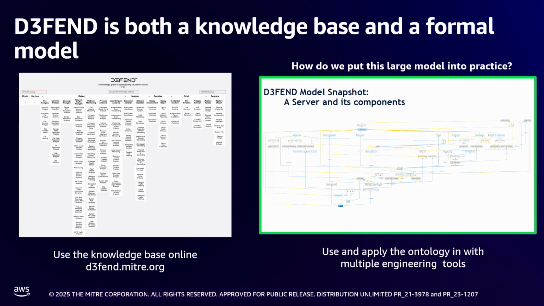So as a result, from the D3FEND website, there are over 500 digital artifacts with relationships between attackers and defenders within there. It's digital artifacts of computers, things that both sides might be able to do: computers, networks, databases, files, processes. And how does that relate in a knowledge graph, which you see here on the right, and how do we put that into practice?